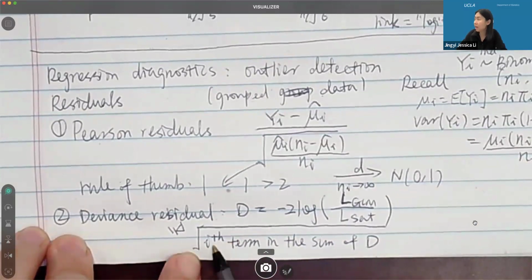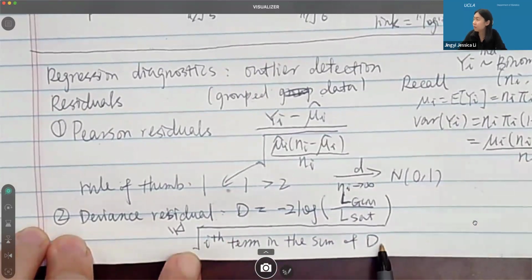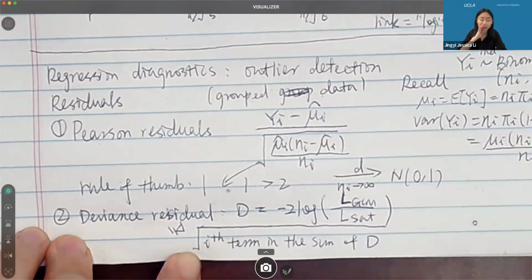I take the ith term in the deviance sum and take the square root of that.